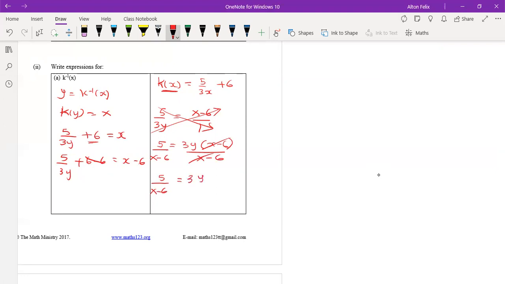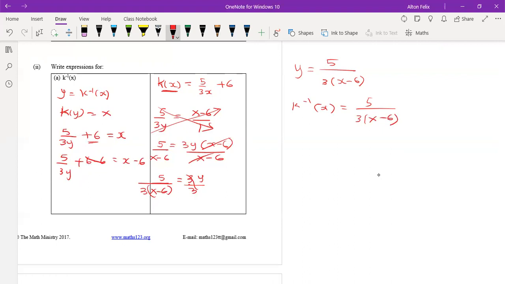We need to eliminate this 3, so we divide by 3 on both sides. We get y is equal to 5 over 3 times x minus 6. We said y was the k inverse, so k inverse is 5 over 3 times x minus 6.